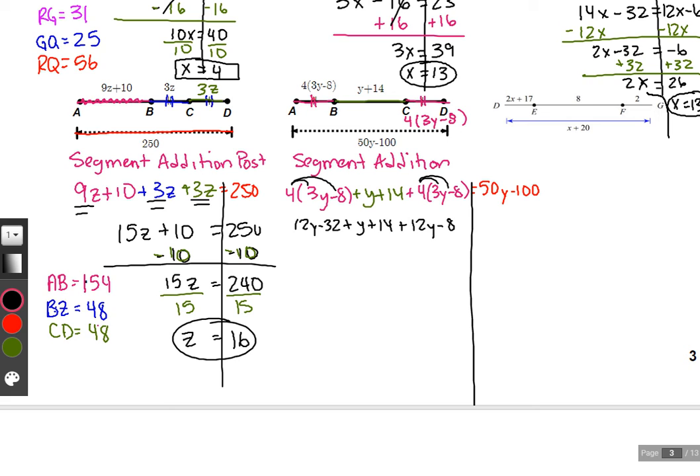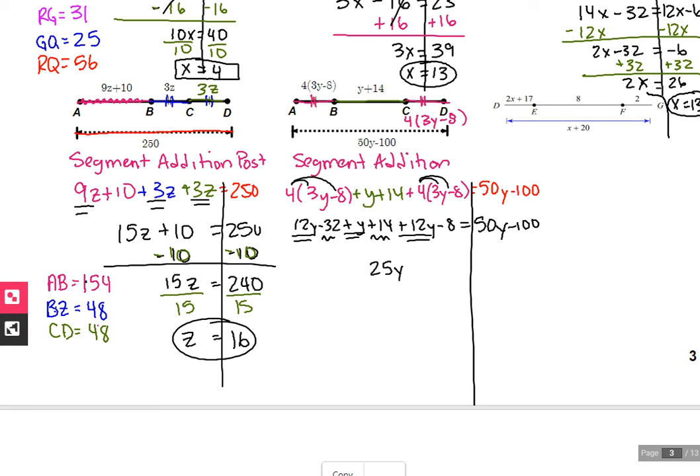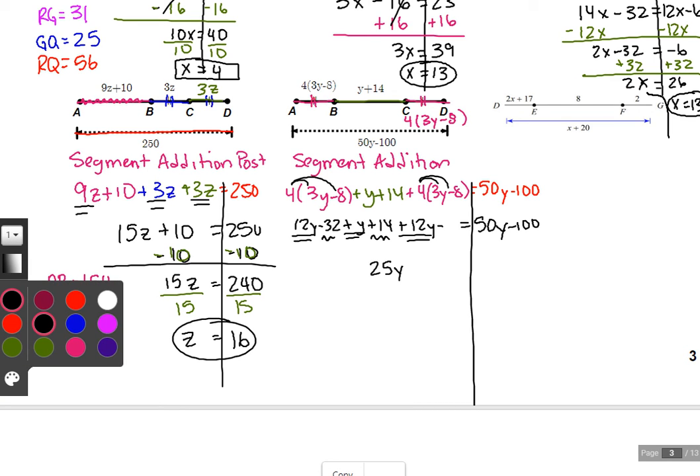We have a 12y plus a y plus another 12y. 12 and 12 is 24 plus 1 is 25y's. Then we have minus 32, well, that should be a minus 32. Many mistakes this morning. There we go. So we have negative 32 minus 32 plus 14. That nets us a minus 50. Oh, that's convenient.